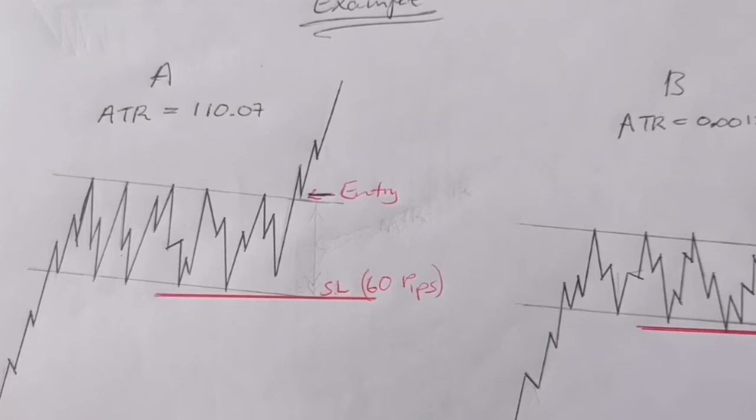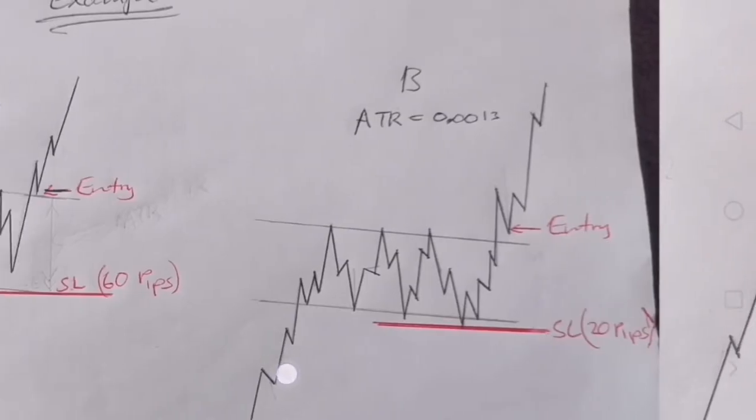Now, if the ATR of this pair is very high, as you can see, it's 110, the stop loss in terms of pips is going to be further away. Why? Because the market is spiking very high and very low, which makes it highly volatile, reflected by the ATR. But if you look at B, the ATR is far less.